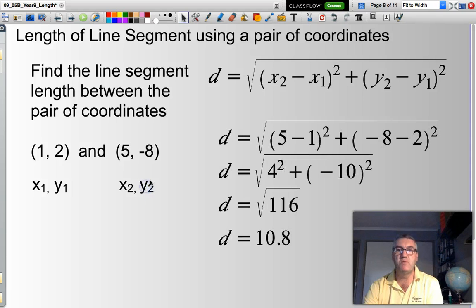Then I can populate the formula. So 5 minus 1 all squared, and -8 minus 2 all squared. Ends up being 16 plus 100. There's your 116. So the length between those 2 points on the Cartesian plane will be 10.8 units.